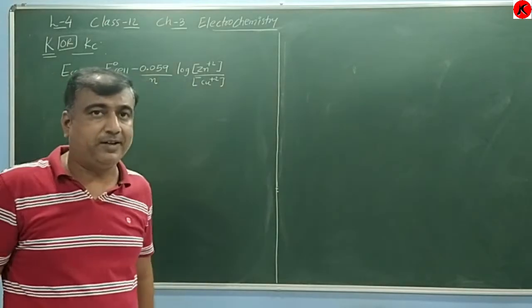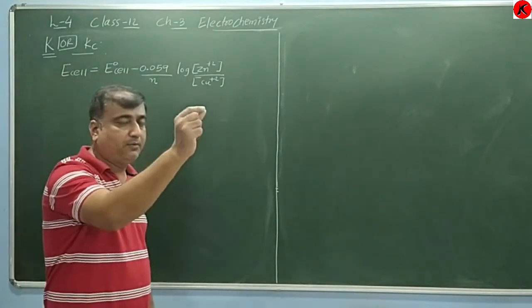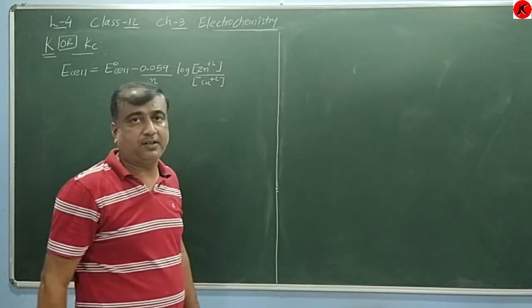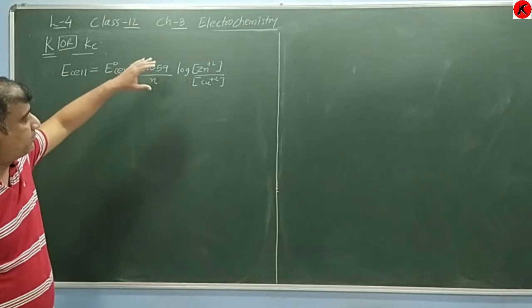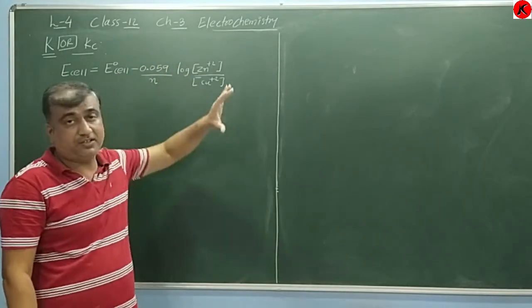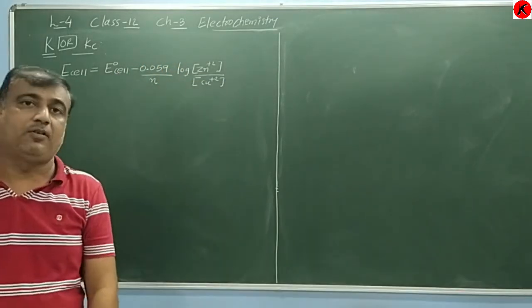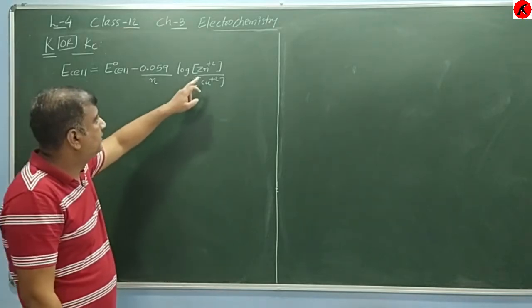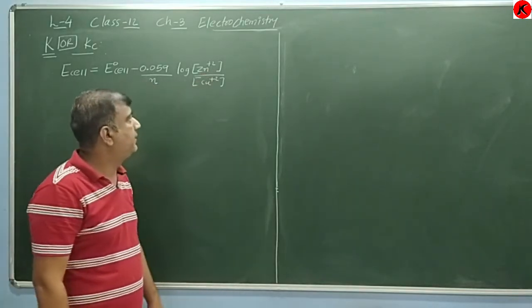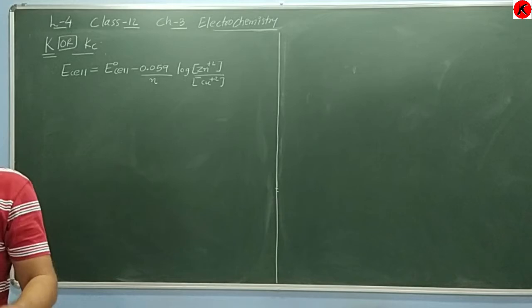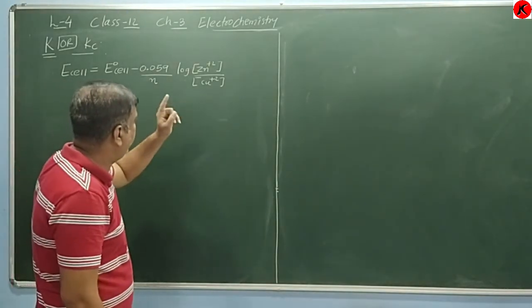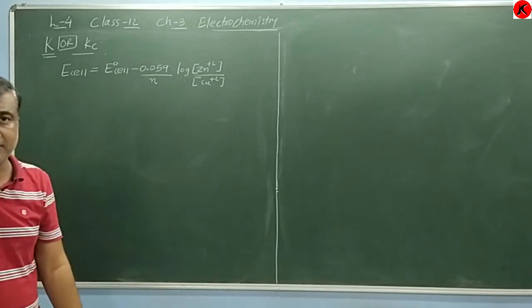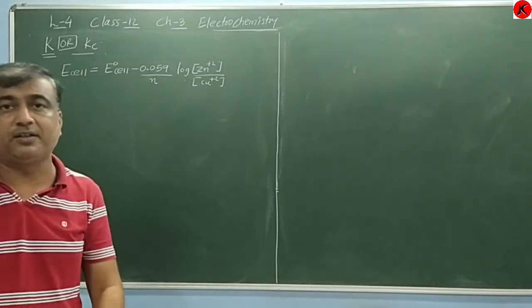That means when a Daniel cell works, the voltmeter reading continuously decreases, and finally after some time the concentrations of Zn plus 2 and Cu plus 2 become constant.